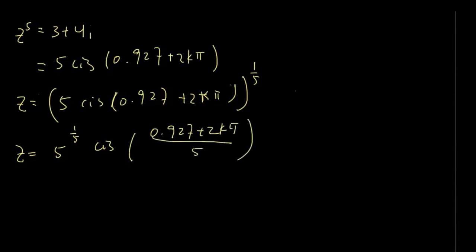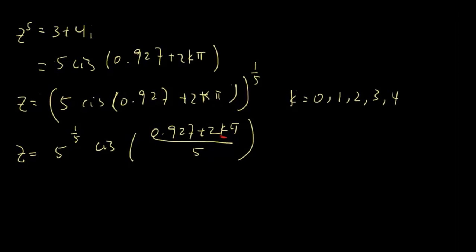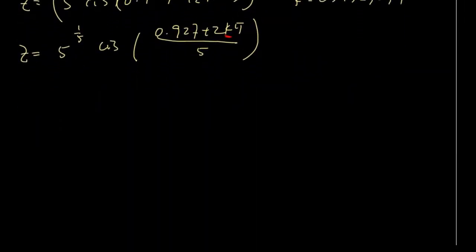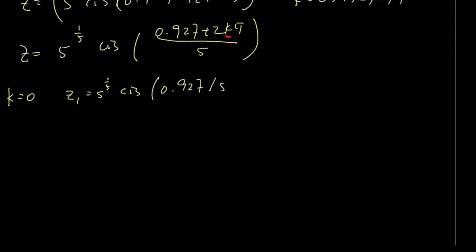Now the function of k is that we have to iterate from k equals 0, k equals 1, k equals 2, k equals 3, k equals 4 to get our 5 roots. So we iterate from 0 to 4. My first solution would be k equals 0, z1 equals 5 to the 1/5 cis of 0.927 divided by 5.